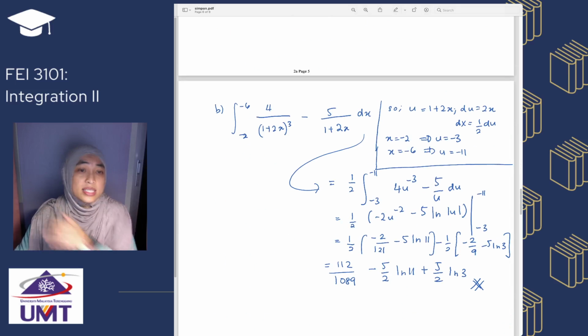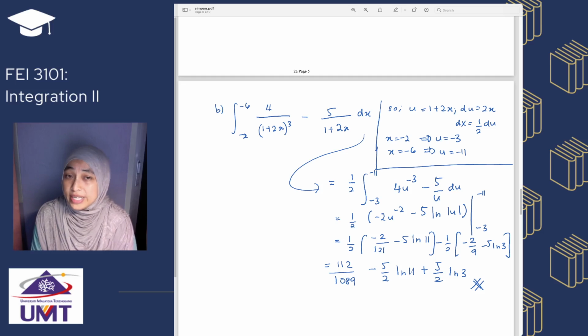Alright, so in this example, the range is from -2 to -6. We want to integrate 4 divided by (1 plus 2x) to the power of 3 minus 5 times 1 divided by (1 plus 2x) dx. So in this case, we let u equals 1 plus 2x, and du equals 2 dx, so dx equals half du.